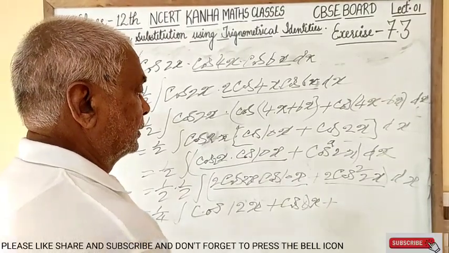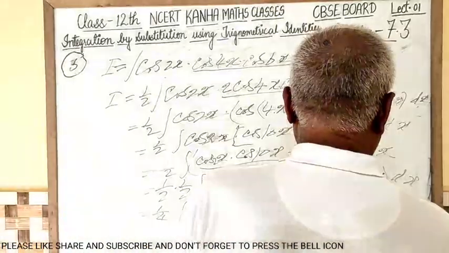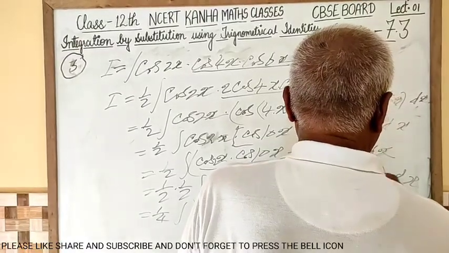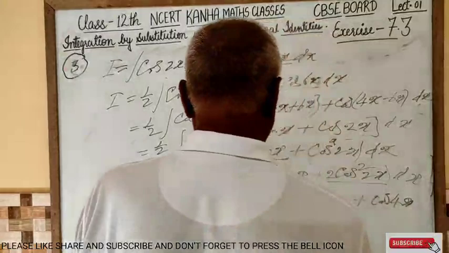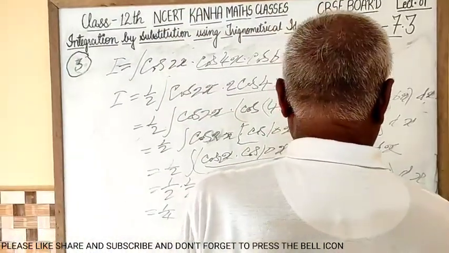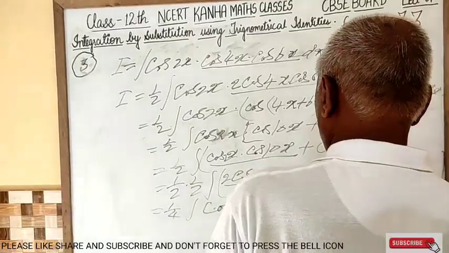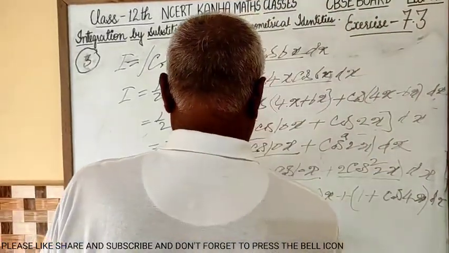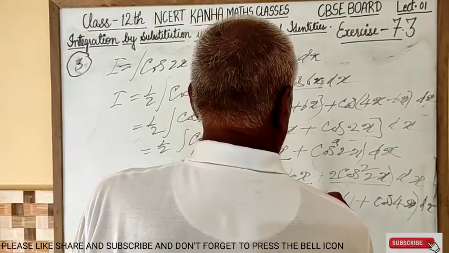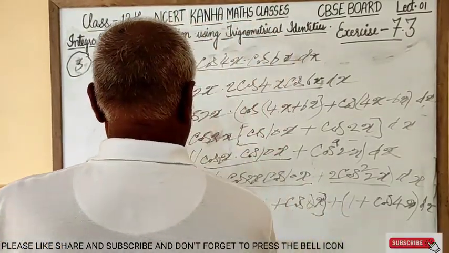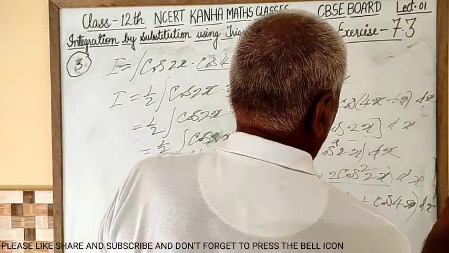Here we will write 1 plus cos 2 into 2x, that is cos 4x, dx. The integral of cos 12x dx plus the integral of cos 8x dx plus 1 plus cos 4x dx.